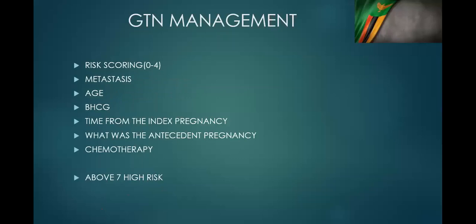But what you need to remember is this one, because this one really is an exam question. What are the parameters that are in the risk scoring? If I have a 7th year, I think I can ask what parameters are high risk for a patient with gestational trophoblastic neoplasia, or I give you a clinical scenario and tell you to identify the high risk features in the patient.